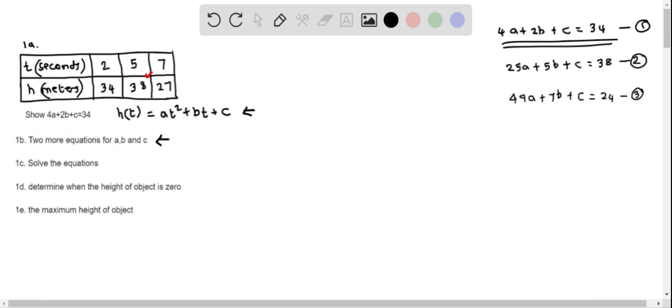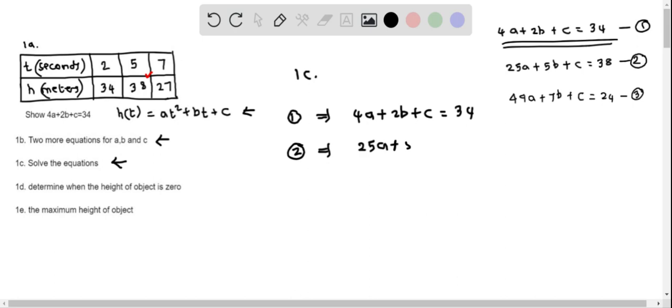We now do part C, which is to solve the equations. So first, let me take equation number 1 and just write it down as it is, that is 4a plus 2b plus c equals 34. And let me also write down the second equation as it is, which is 25a plus 5b plus c equals 38.